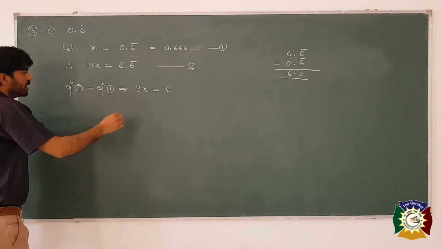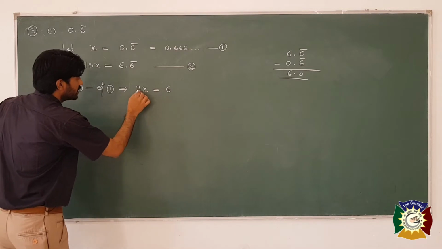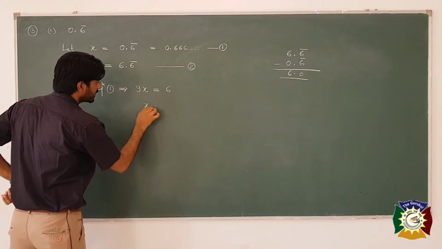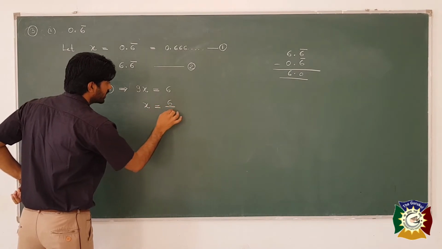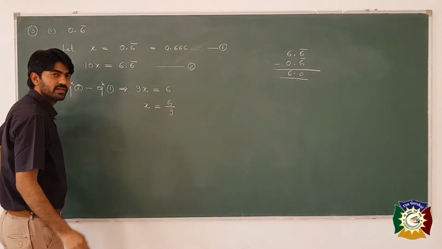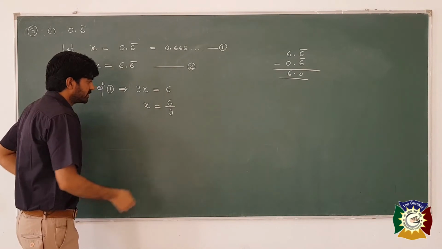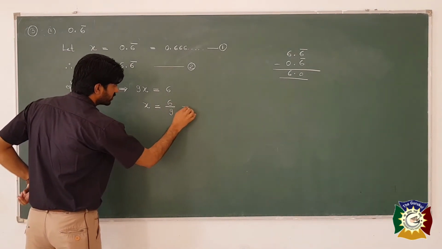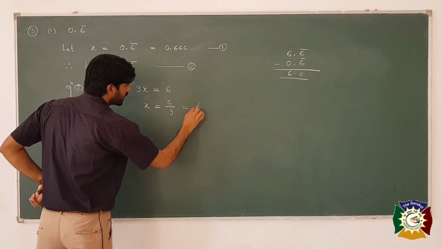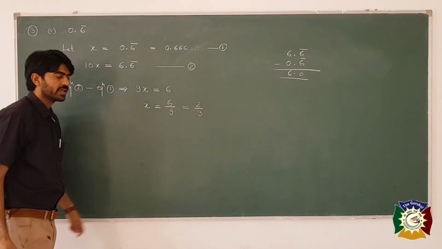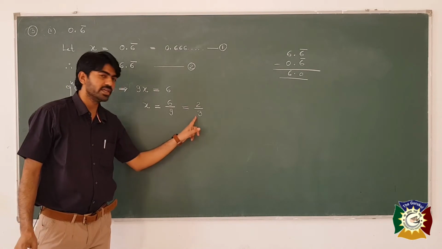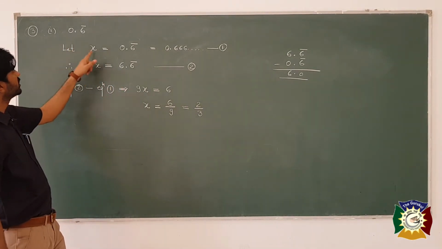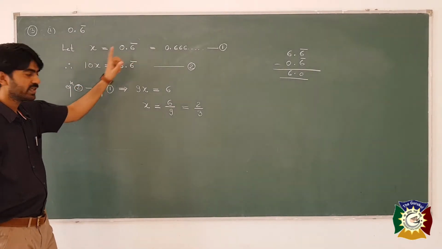Now this 9 will go to the other side, so it will go in division. So x is equal to 6 divided by 9. We can cut them by 3. So x is equal to 2 by 3. It is in P by Q form. And what was x? x is equal to 0.6 bar.